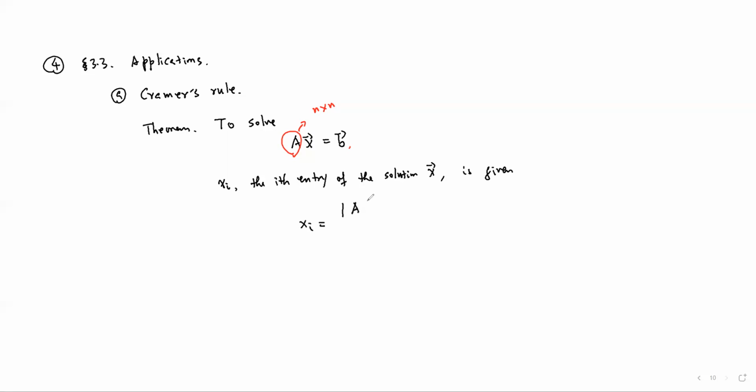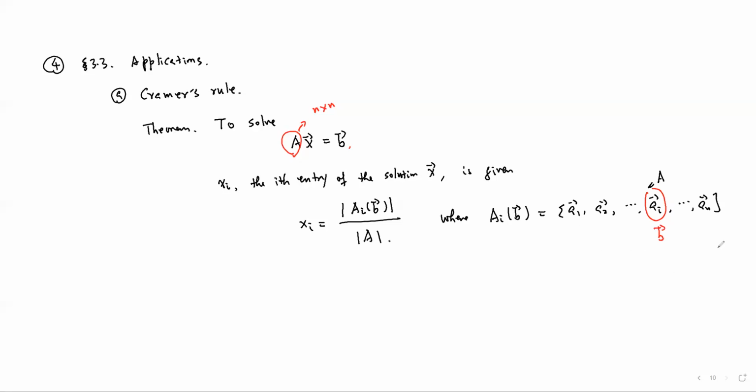Determinant of A_i(b) over determinant of A. What is A_i(b)? A_i(b) is the matrix obtained from the matrix A. Matrix A is A1, A2, with the ith column A_i, up to An. Then A_i(b) replaces column i by the right side b.